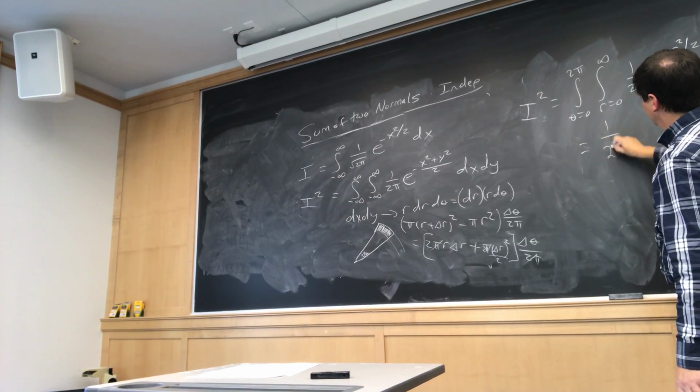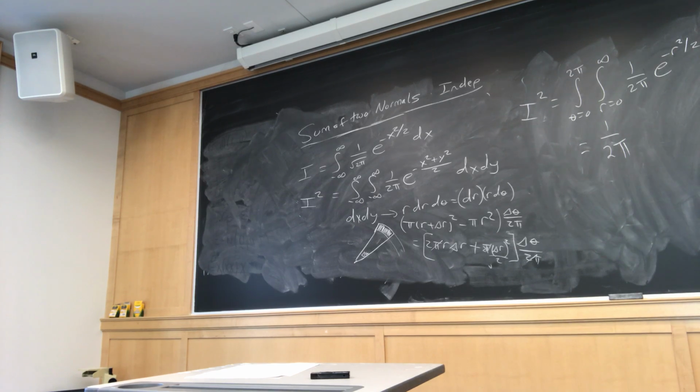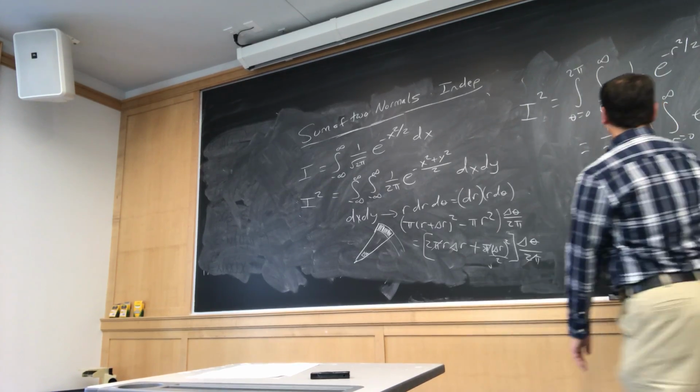Well, I can do the theta integral first. The theta integral is just integrating d theta, there's no theta dependence, so I just get 2 pi. And then I have the r integral, 0 to infinity, e to the minus r squared over 2 r dr.